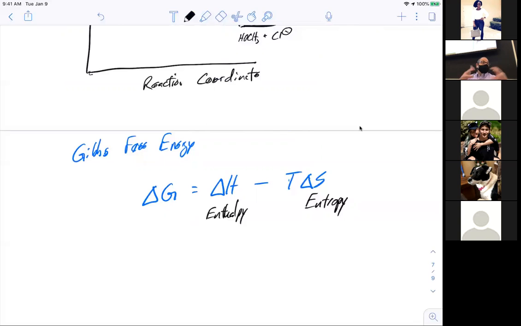How has the order changed? And notice that delta H is set without temperature, but delta S does have a temperature. So by changing the temperature, I can potentially change the entropy that's going into the delta G, but I'm not going to impact my enthalpy.